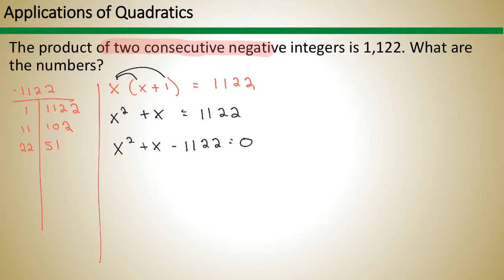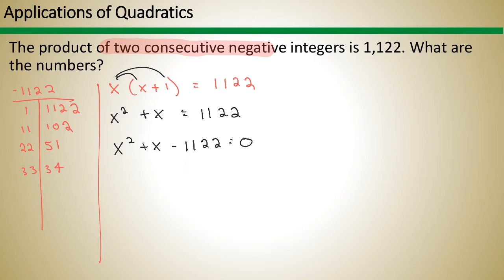So let's jump up to 30 now. That's going to be a decimal. Divide by 31, also a decimal, divide by 32, also a decimal, and divide by 33, and I get 34 there. So 33 and 34 are going to be factors of this number.